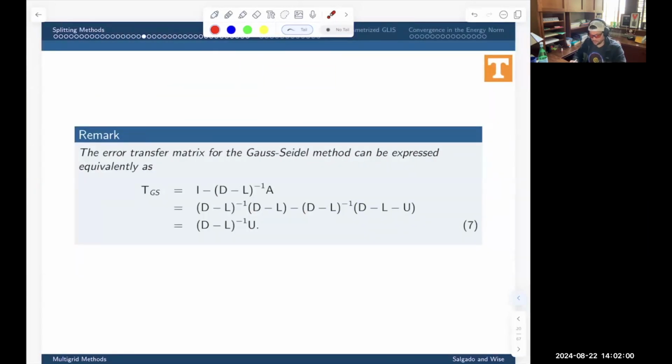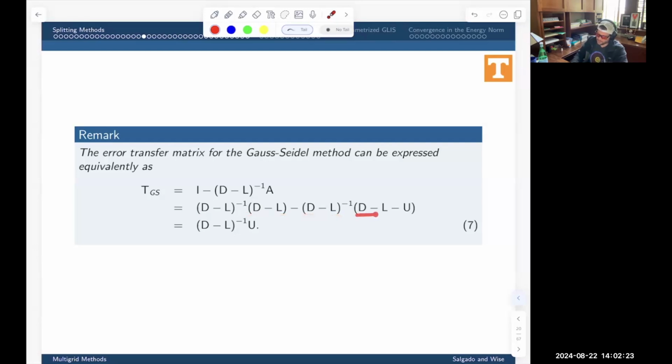As before, we can transform the error transfer matrix into another form. So there it is by definition, but we can do some manipulations on it. Let's transform this identity matrix I to this form of the identity, D minus L inverse times D minus L. Pull out this common factor.